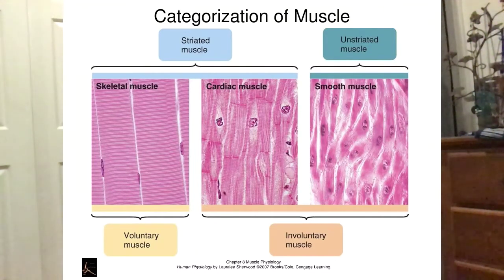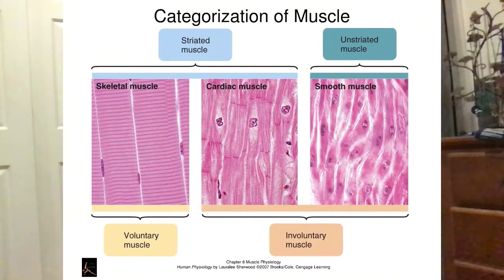Now, another way we can categorize muscle cells is based on how we can control those cells. Skeletal muscle, we mainly control by voluntary thought, voluntary movement. That means that the nervous system connection comes from the motor cortex in our cerebrum. So there's a conscious thought into moving our skeletal muscle for the most part.